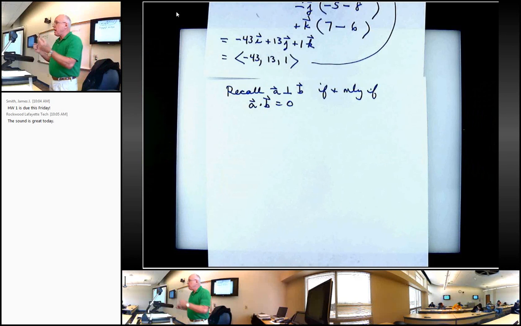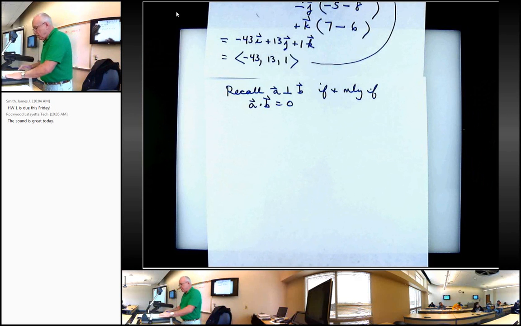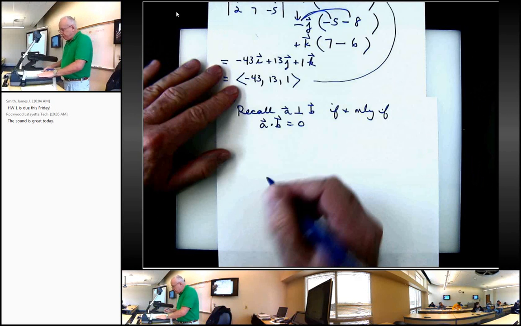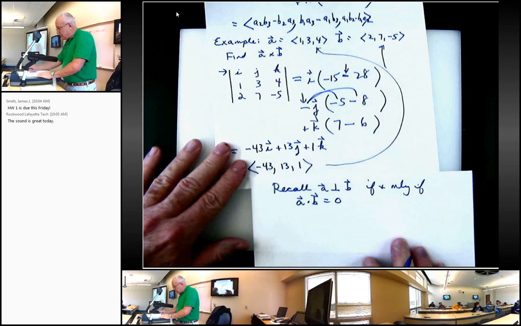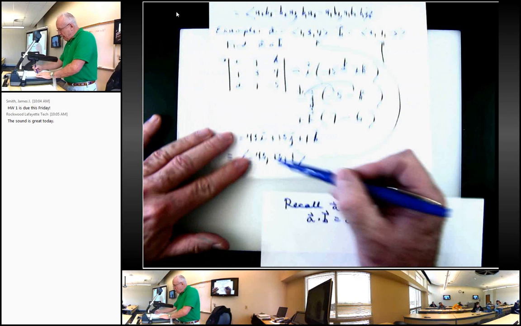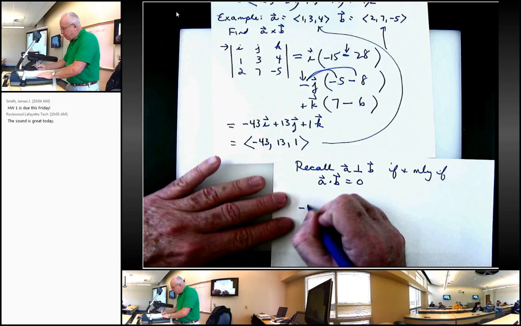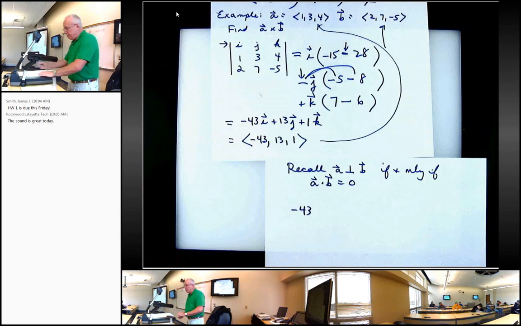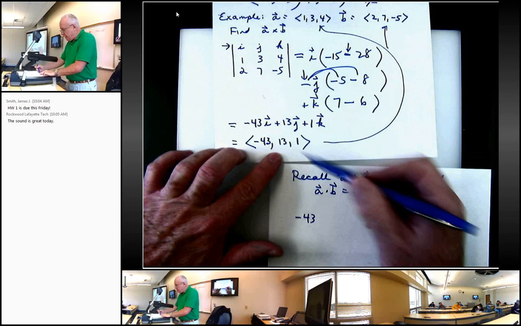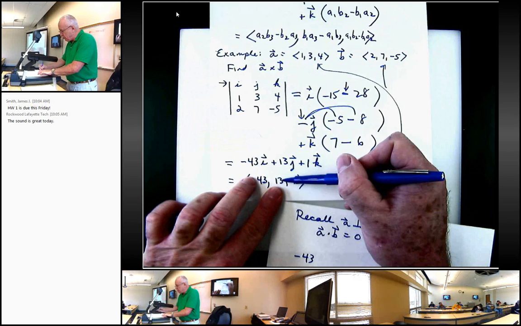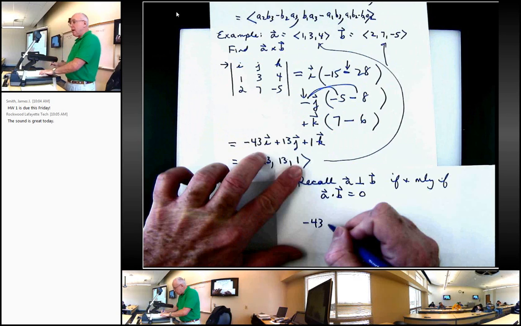And we know the dot product is multiplying the corresponding elements together. So if we look at this, let's just look at this one here. Minus 43 times 1, so that first product is minus 43. Then we take our second elements together, 13 times 3, that's 39.